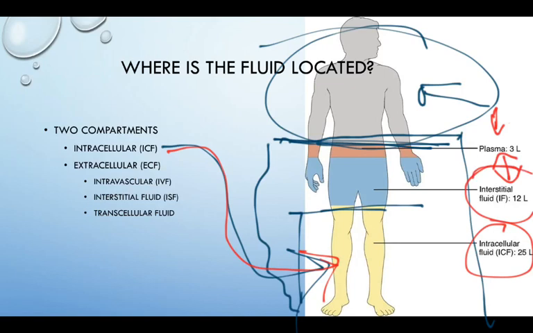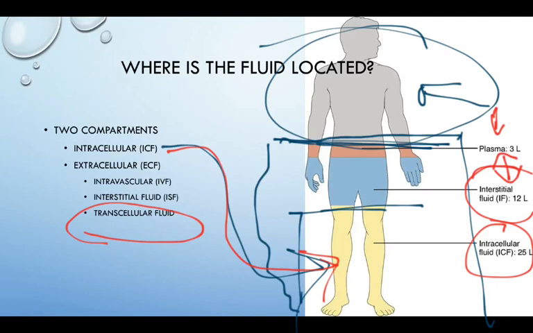in the cells, interstitial. There's also transcellular fluid, which is a very, very small amount of fluid, and that's fluid that's in your cerebrospinal fluid and in your joints and in your eyeballs, stuff like that. Fluid that might be surrounding your organs. It's a very small amount of fluid that might be between the pleural membranes, or between the peritoneal membranes.